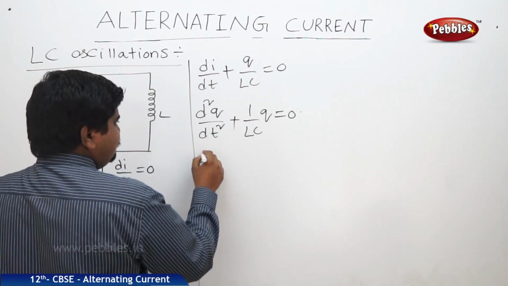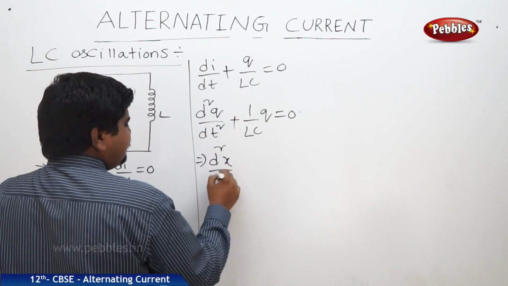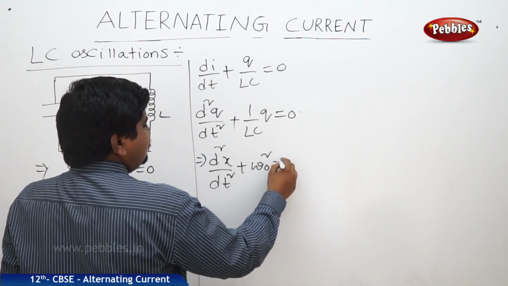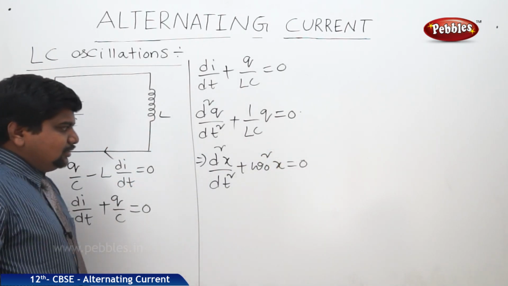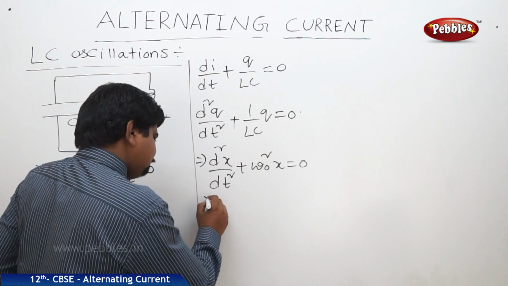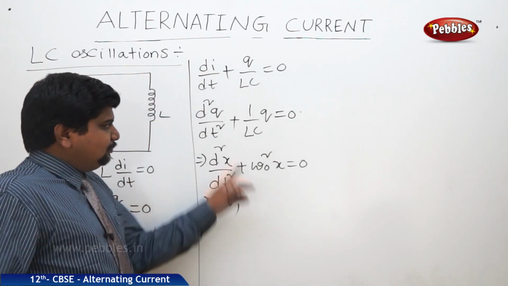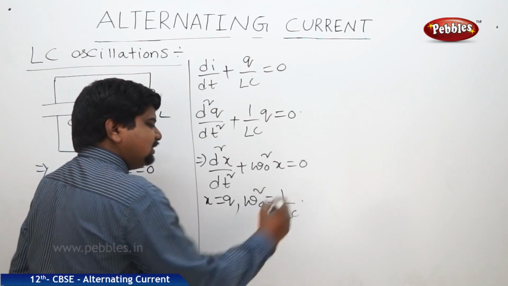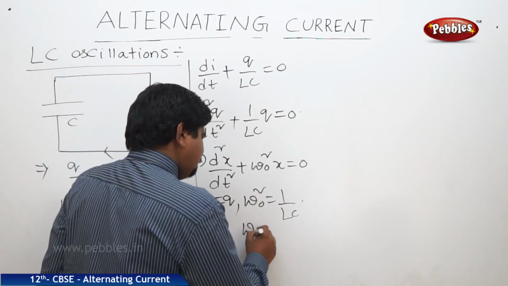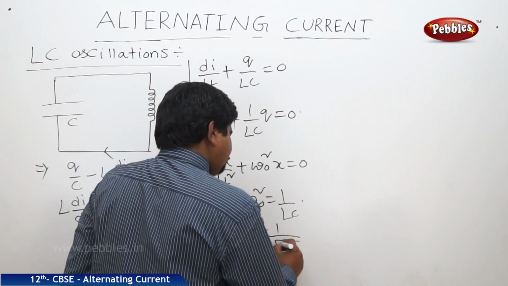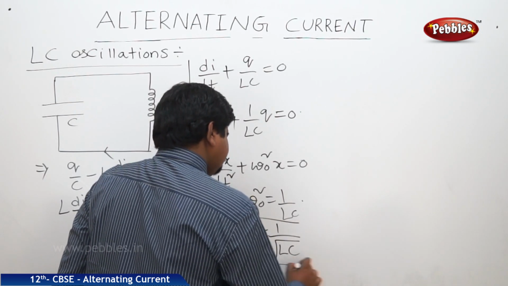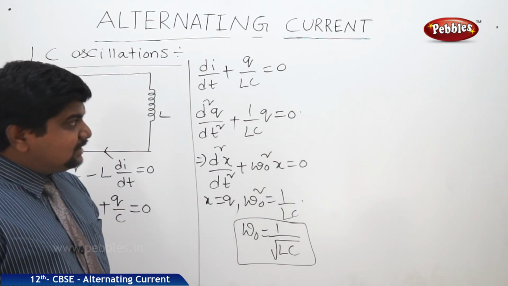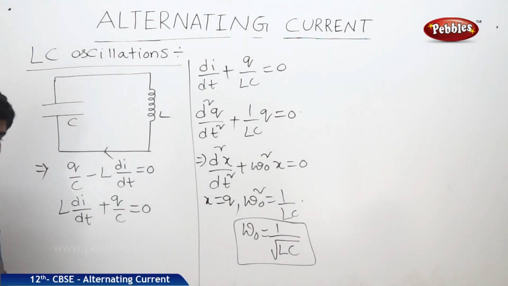This is similar to d square x by dt square plus omega naught square x equals 0. So in place of x we have Q, and in place of omega naught square we have 1 by LC. Therefore, omega naught is equal to 1 by root LC. This is the resonant frequency of the LC circuit.